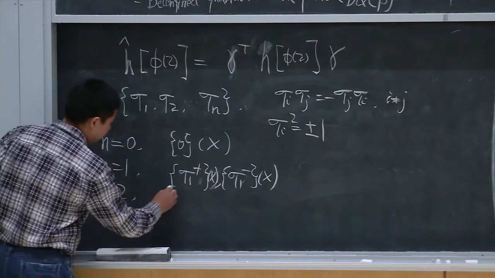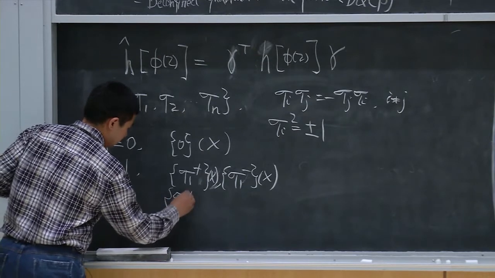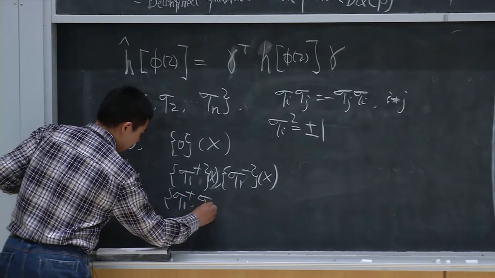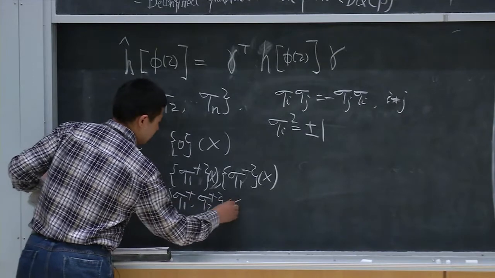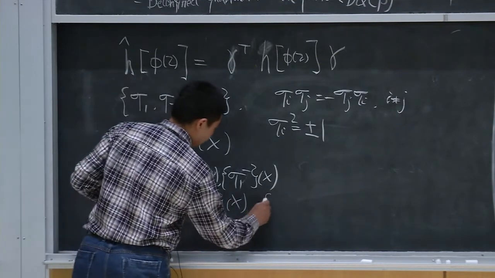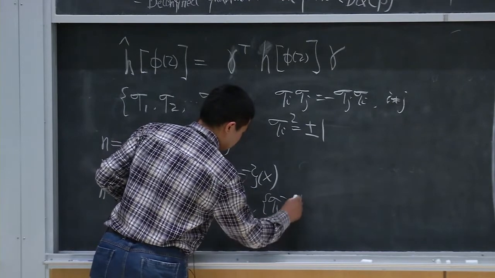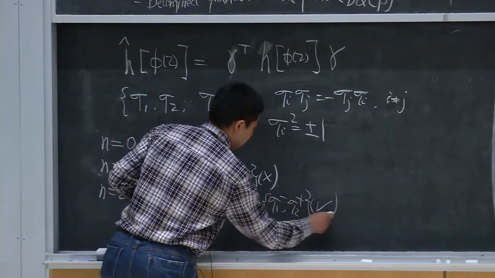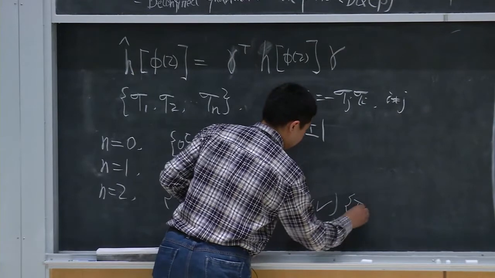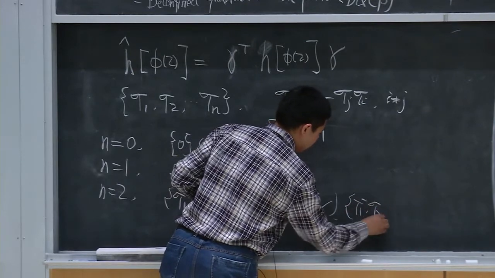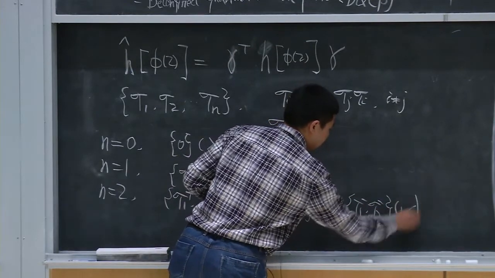If n equals 2, there is one choice. If both of them square to +1, this is not good. If one of them squares to -1, this is good. If all of them square to -1, this is also good.